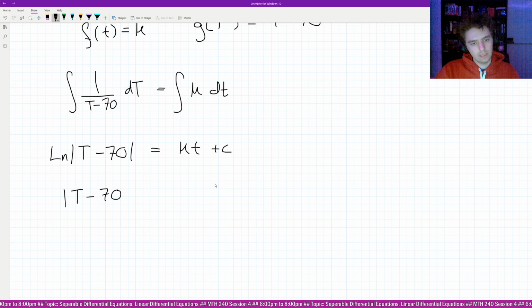Do we have an initial condition? Yes, we do. At time t equals 0, the temperature is... we have two conditions. Maybe that's to solve for K? That might be to solve for K.